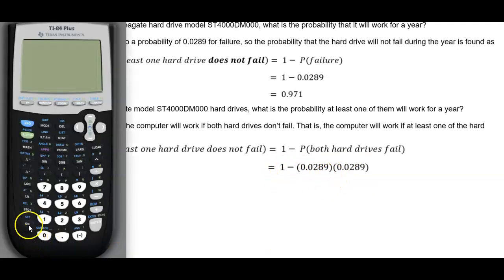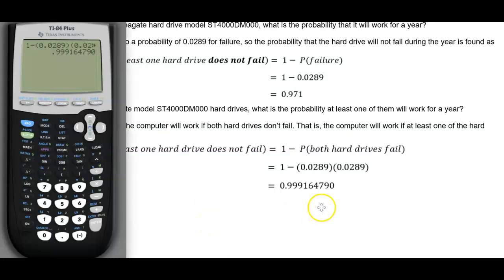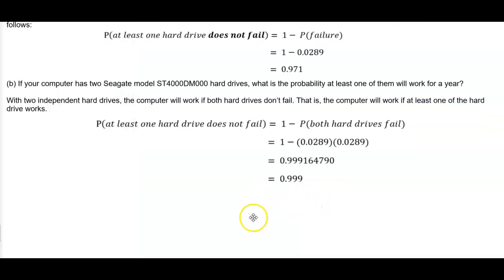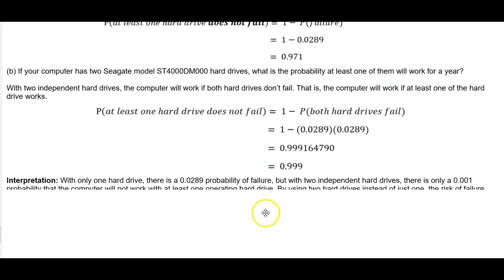In our calculator, we would say 1 minus, then parentheses 0.0289, and then times 0.0289. And so we get the following number, 0.999164790, which rounded to 3 decimal places is 0.999.